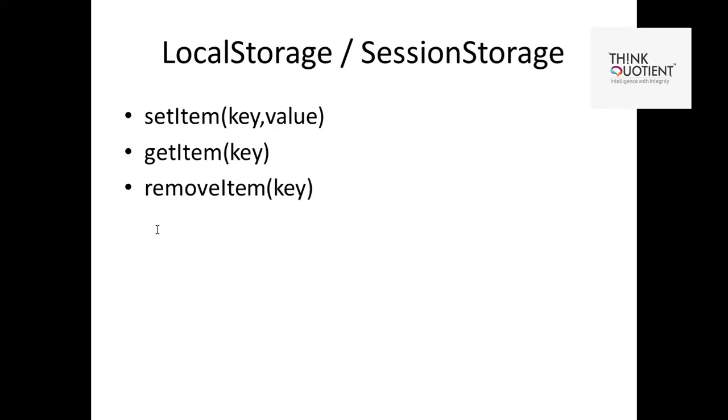Now let's have a look at a few methods. That is nothing but the setItem method. This method is going to accept a key and value pair, right? So it allows you to add a key-value pair to the storage object. If the key already exists, the new value will override the old value.